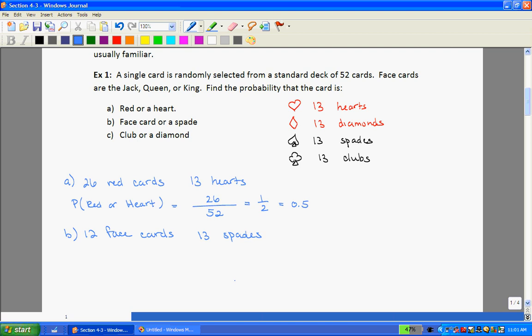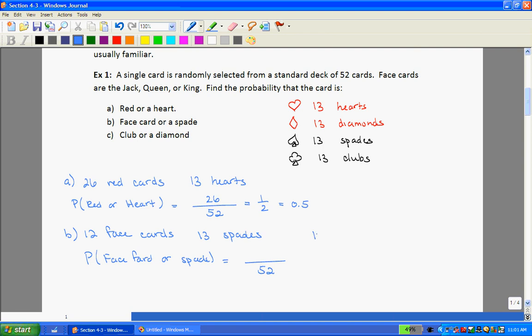But again, we want to ask ourselves, have the spades already been counted in the face cards? So let's write down our probability. Probability of face card or a spade. Okay, and again, we know the bottom is 52, because there's 52 possible cards we could have chosen. So the 12 face cards, well, they do include spades already. So although there are 13 spades, I don't want to double count the ones that are already face cards.